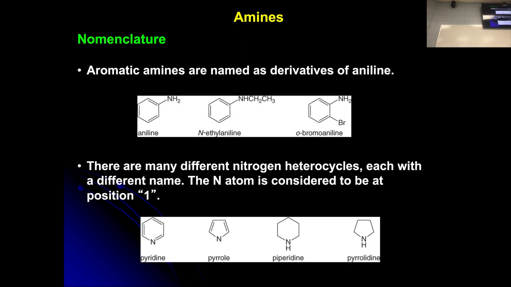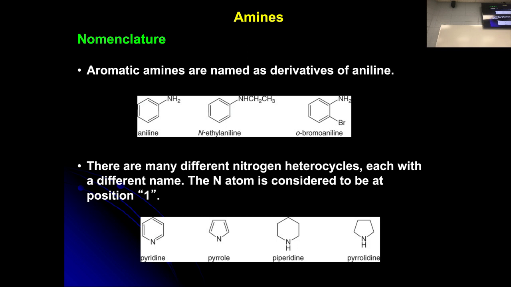So what does the N mean now? Nitrogen. On the nitrogen atom, I have an ethyl. That's what that means, right? Here I say O-bromoaniline. What does that mean? What is the O? Ortho. That's ortho-bromoaniline, right? So it's a substituted aniline.